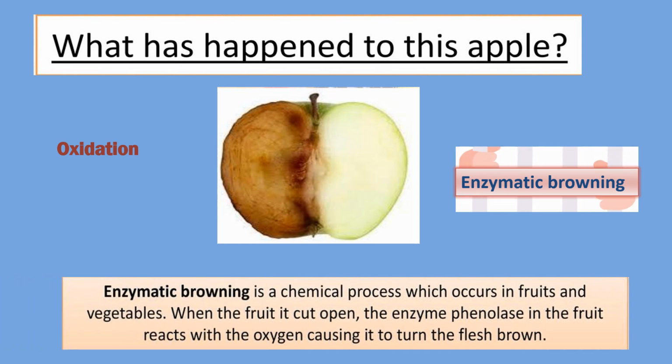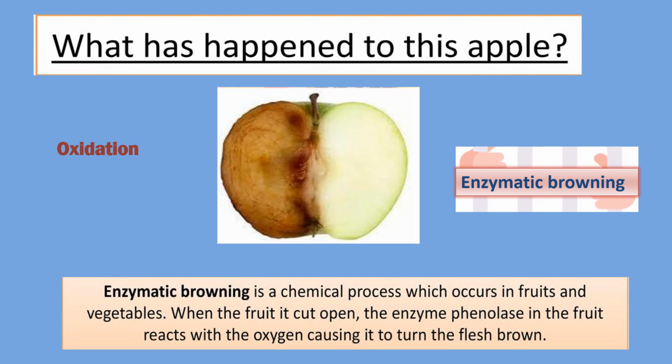This is a chemical process which occurs in fruits and vegetables. When the fruit is cut open, the enzyme phenolase in the fruit reacts with the oxygen. That is oxidation, causing the flesh to turn brown.